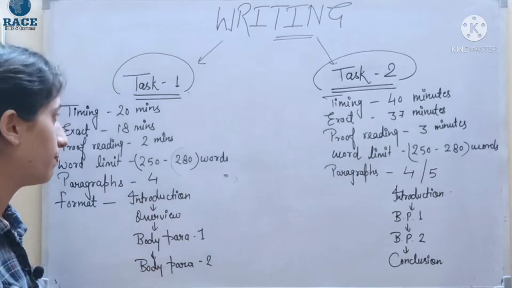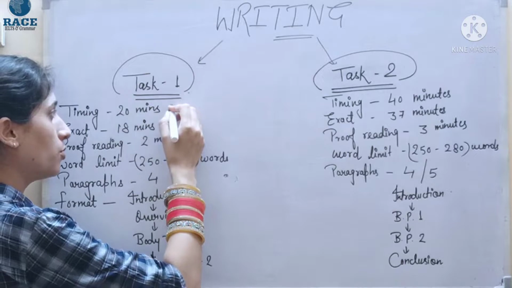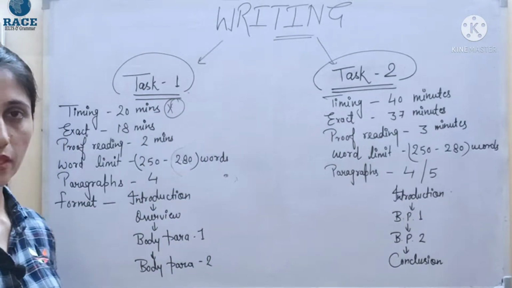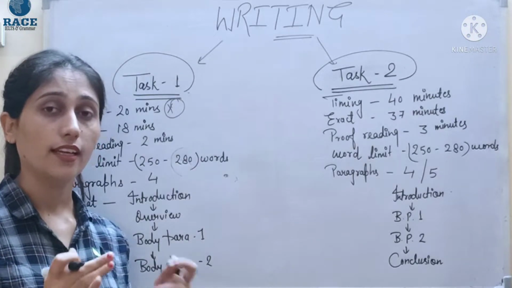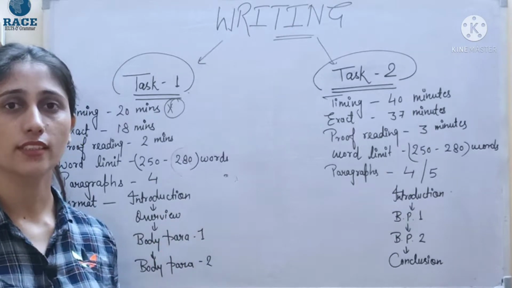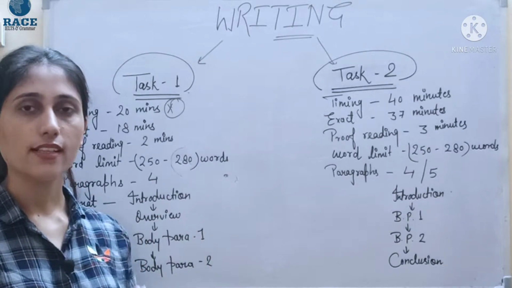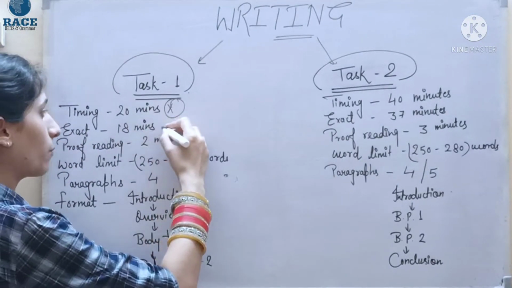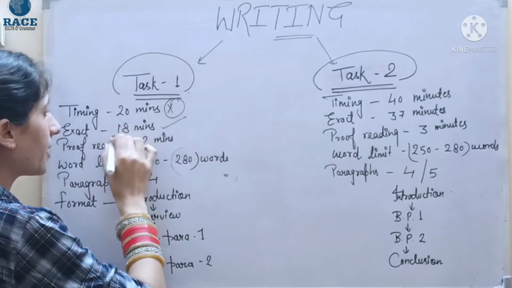So come here. First of all, I'm going to tell you that this is not the proper timing. This is the wrong timing, because if you are imagining that you will write your writing task 1 in 20 minutes, that is completely wrong. Why is it wrong? We have to write the answer in 18 minutes.